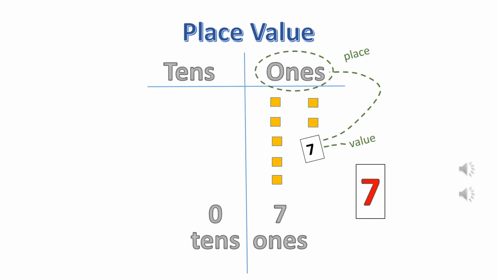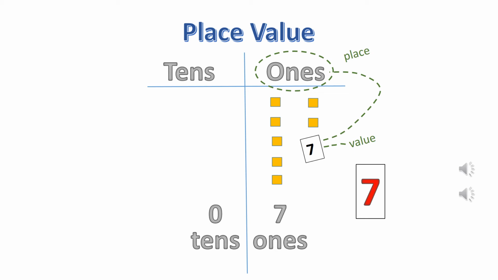So let's connect the place value rule to a problem here. How do we show 7? We put 7 yellow cubes in the ones place. Now remember, the title ones tells us the place, and the 7 yellow cubes tells us the value.